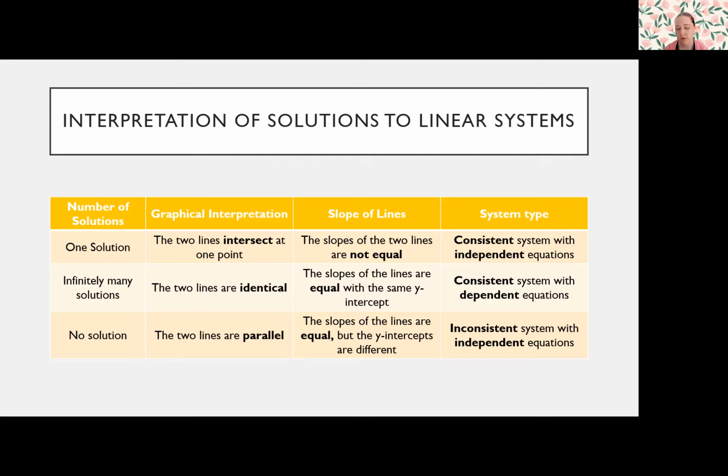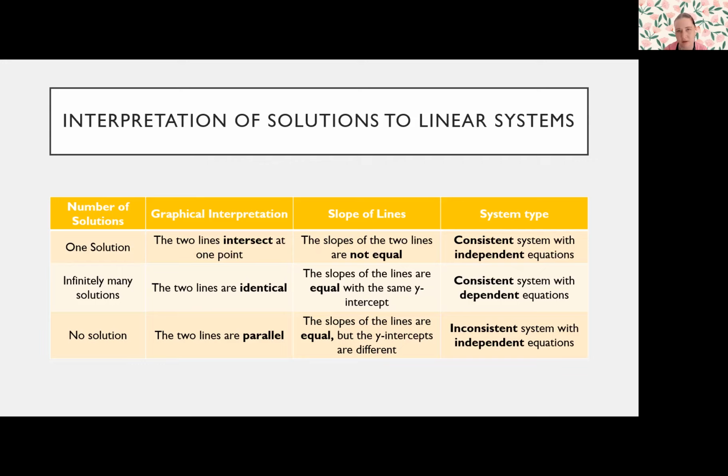So if your 2 equations are in slope intercept form, they'll have the same slope and they'll have the same y-intercept. That's how you can tell that they are identical. They'll look identical when they're in slope intercept form. So this type of system is consistent because there are solutions, but it's dependent because they're not 2 different equations.